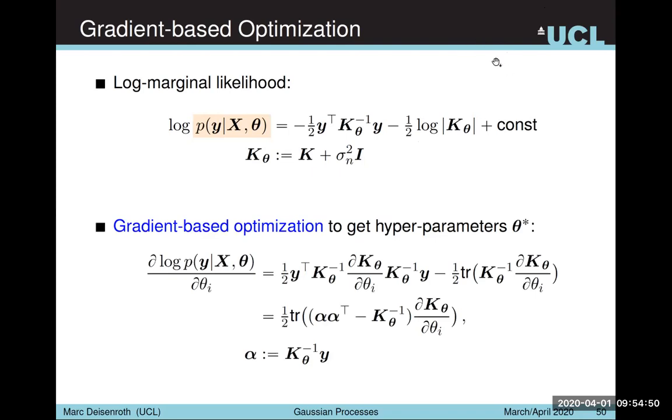That is exactly what is happening here. What we normally do is compute the partial derivatives of the log marginal likelihood with respect to the individual hyperparameters and set them to 0. The derivative is given here. The derivation is going to take a little bit, but I just wanted to write down the equations for you so you don't have to worry too much about it.